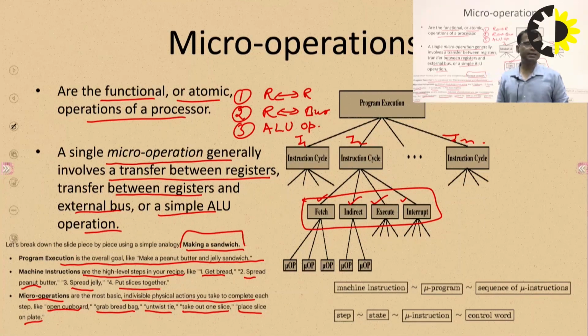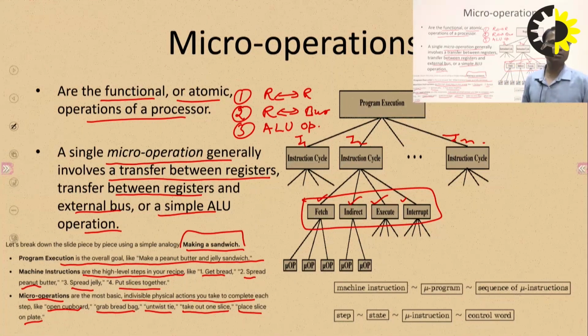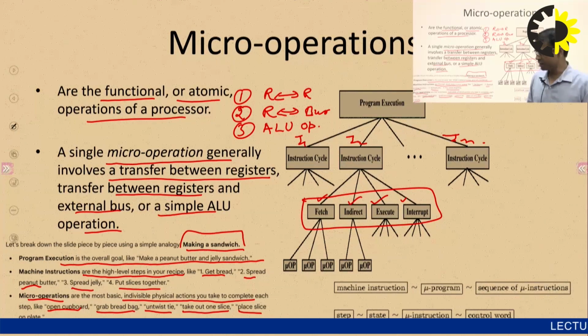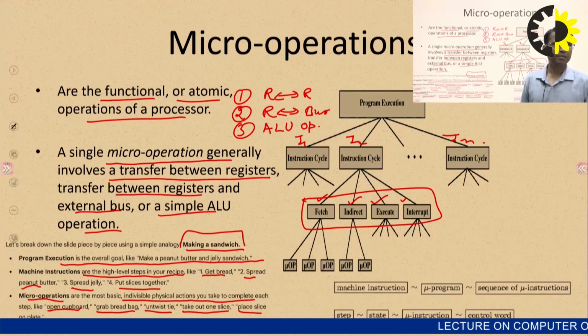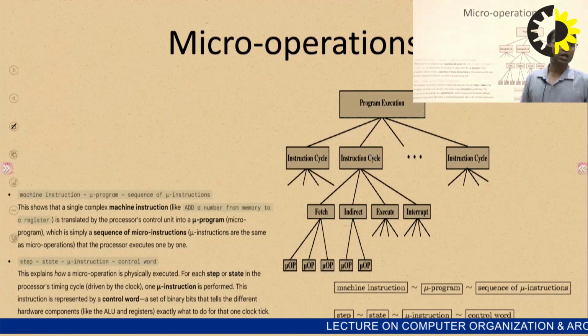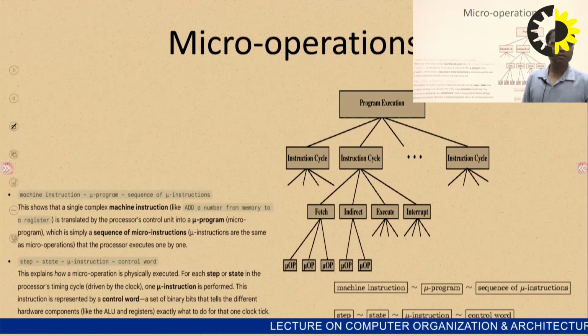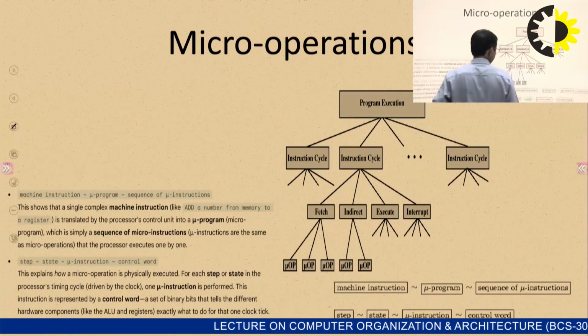So we can see with a real world example how a computer program is executed at the smallest level, called microoperation, starting from the program execution to the machine instruction and finally to the microoperations.